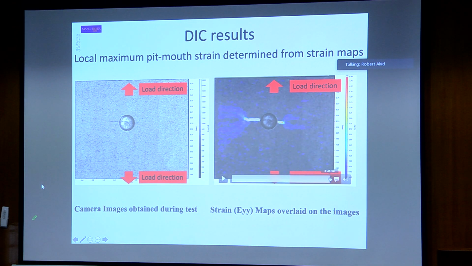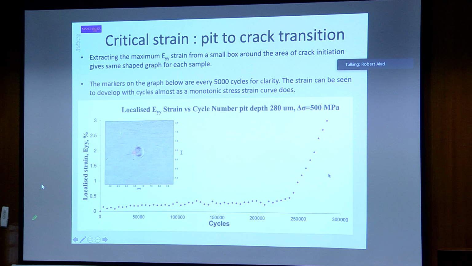Oh, there we go. You can see that as we increase the number of cycles, you can see where the crack is developing, and the strain around the crack increases and increases with the number of cycles.